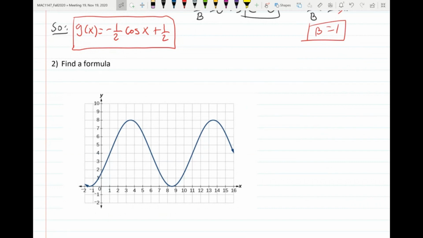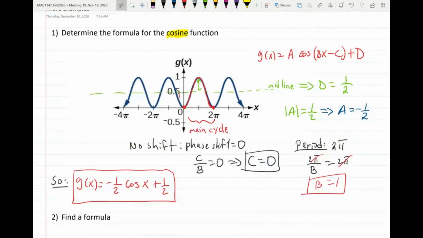Now this one doesn't tell us whether this is a sine or a cosine function, and in fact it doesn't have to, because we could have done the previous problem using a sine function instead, okay? Then, if you wanted to use a sine function, you would probably have to pick, let's say, from here to here as your main cycle, with this shape, something like this.